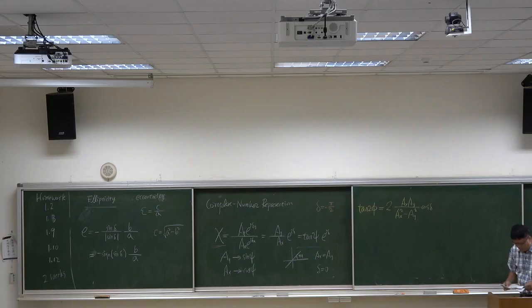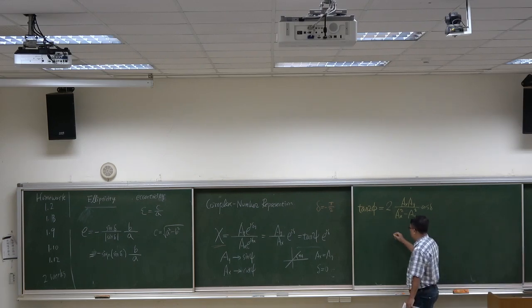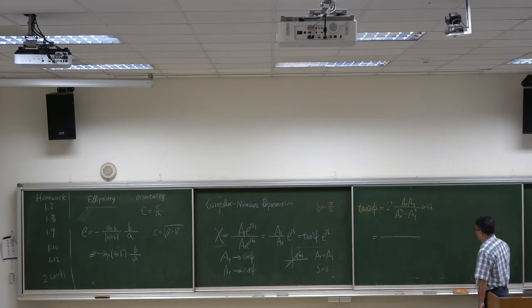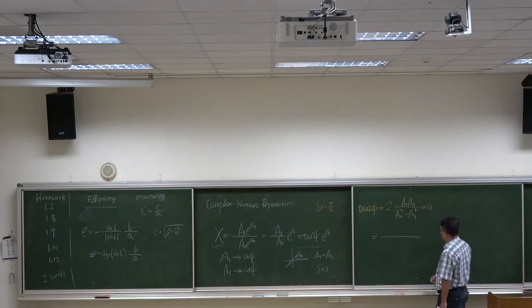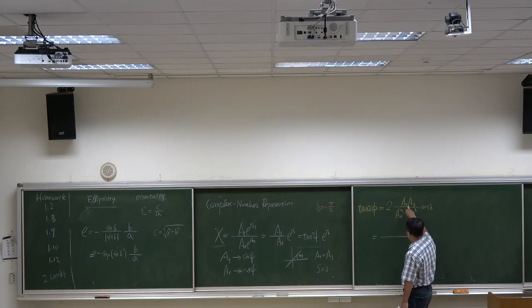We know this formula, equation 3.2-8. Now, if we divide both the numerator and denominator by AX squared, we find 2 AY over AX cosine delta over 1 minus AY squared over AX squared.